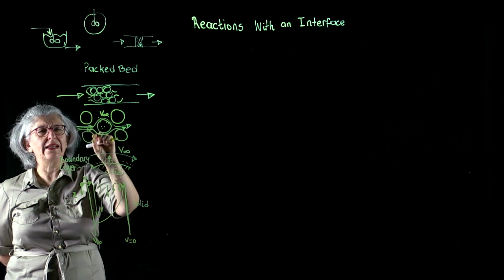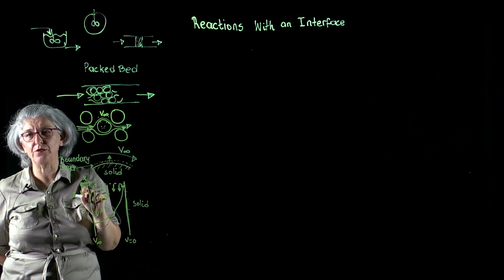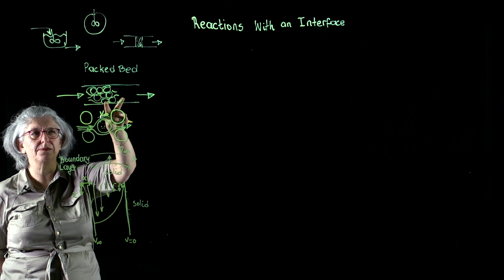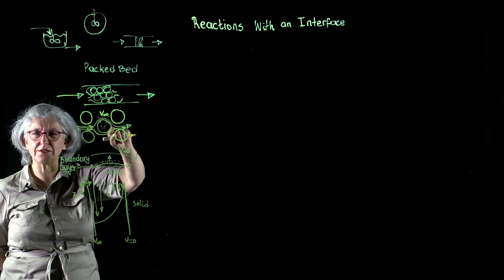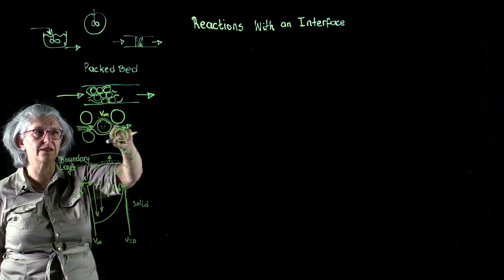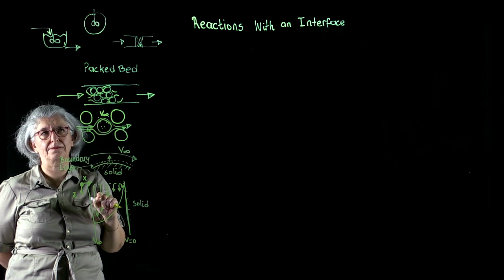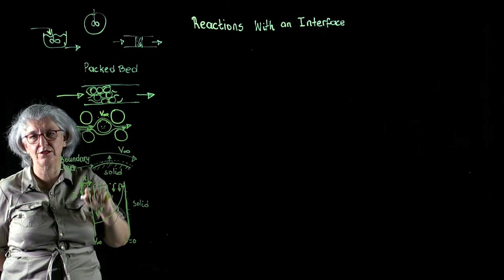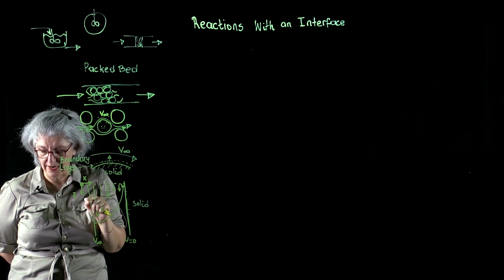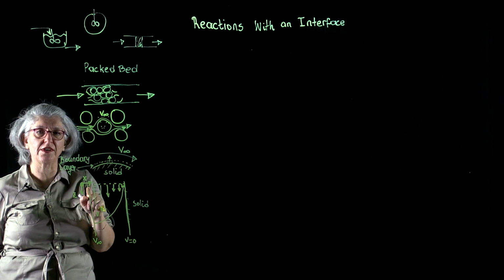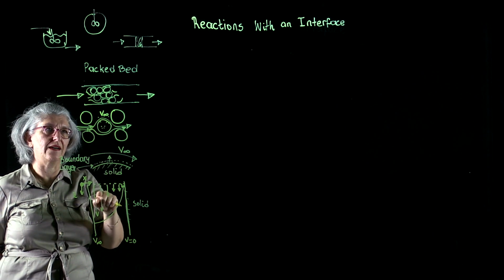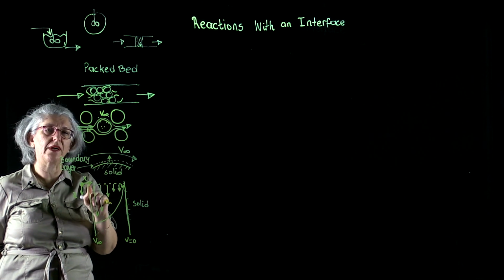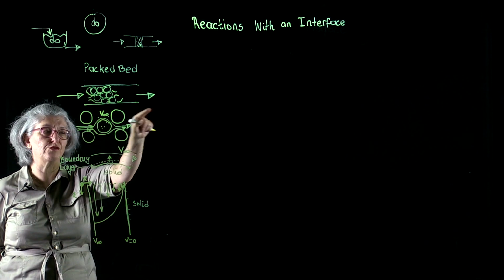So the open channels that fluid can flow does not change much with axial position in our packed bed model. So we can comfortably assume that this V infinity is constant throughout this reactor, that the fluid is not flowing fast at certain portions and slow at certain other portions. In reality, this might happen, but for the sake of discussion and for the sake of deriving the details of this equation, we're going to take that the bulk fluid velocity is going to remain uniform throughout our reactor.